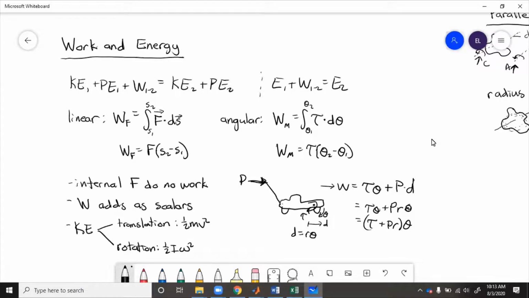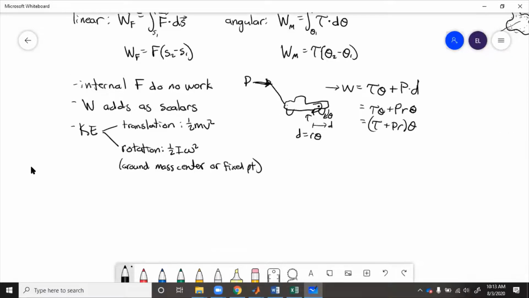But total kinetic energy would be the translation plus the rotation. And you always get this kinetic energy around the center of mass or a fixed point. So let's say you have a disk spinning around its center; the fixed point and the mass center are the same spot. So mass center and origin, same spot.